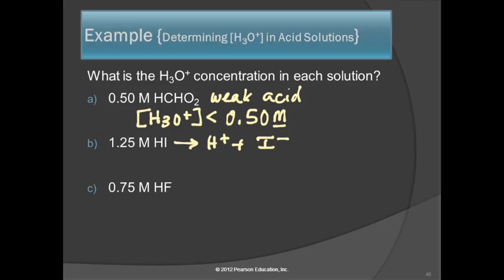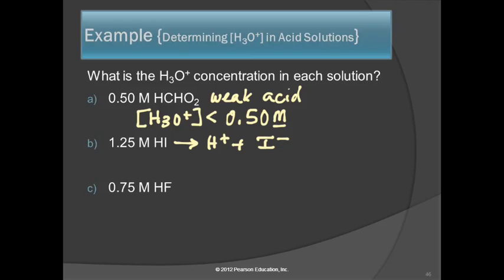So if we put 1.25 moles per liter of HI into this solution, we are going to get equal concentrations of H and I. This is like a pair of shoes, right? If you have 10 pairs of shoes, how many left shoes do you have? 10. And how many right shoes do you have? 10. They're equal. There's one of these to one of those, and so you're going to get one of these for each one of those, and those concentrations are going to be equal to this.